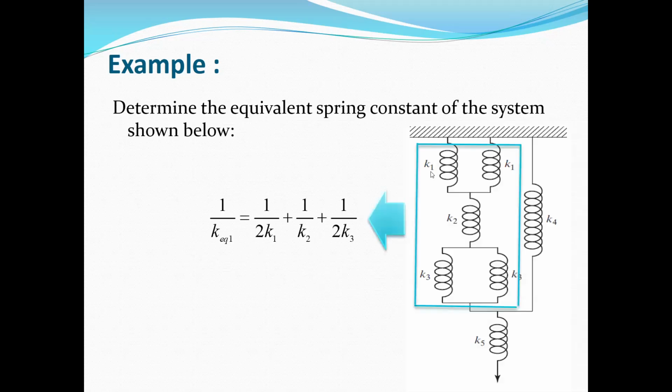Okay, as I told you, here we have 2K1. Here you can see we have K2 and 2K3, which are in series. So the equivalent 1 for this part of your total system is 1 over K equivalent 1 equal to this term.